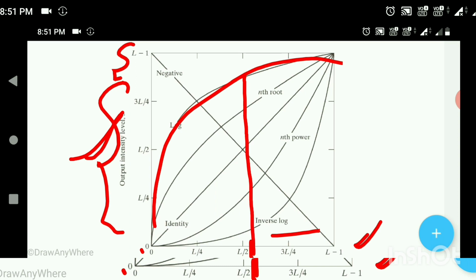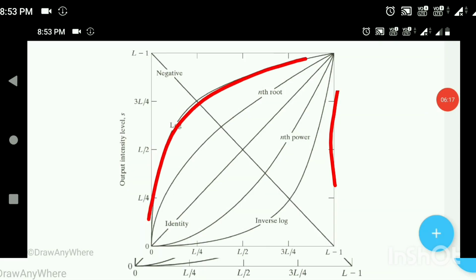The log function has the important characteristic that it compresses the dynamic range of images with large variations in the pixel values, and it is used for stretching or compressing.